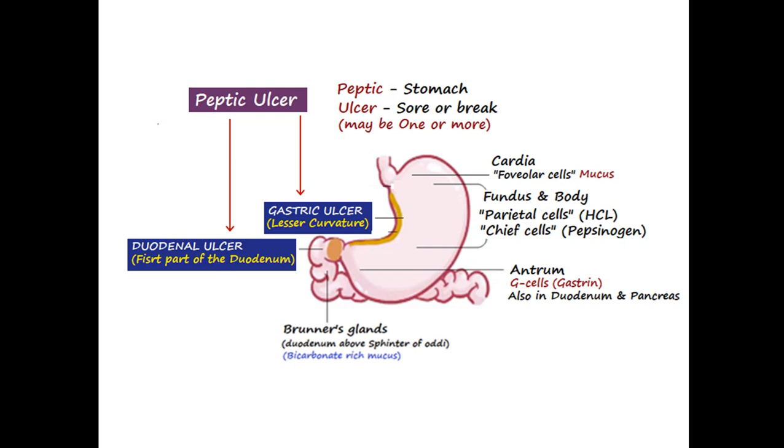So the common sites for peptic ulcers: in case of gastric ulcer, the common site is the lesser curvature and the portion of the stomach which is in close proximity to the pyloric sphincter. While in case of the duodenum, the common site of the duodenal ulcer is the first part of the duodenum.